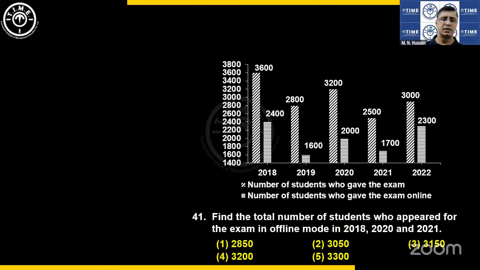Okay. Now look at the examples here. Find the total number of students who appeared for the exam in offline mode in 2018, 20, and 21. 3600 minus 2400, 1200. 3200 minus 2000, again 1200. 2500 minus 1700, that is 800.